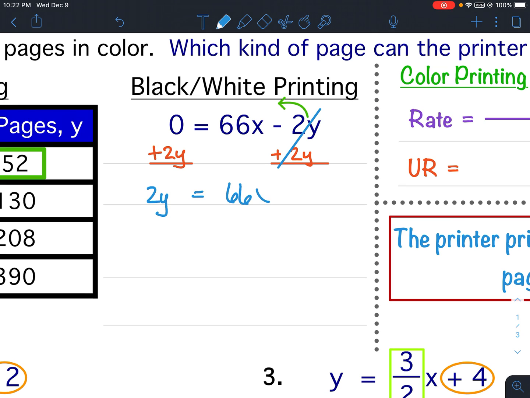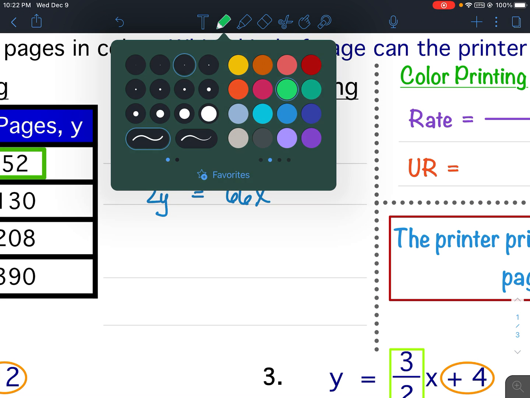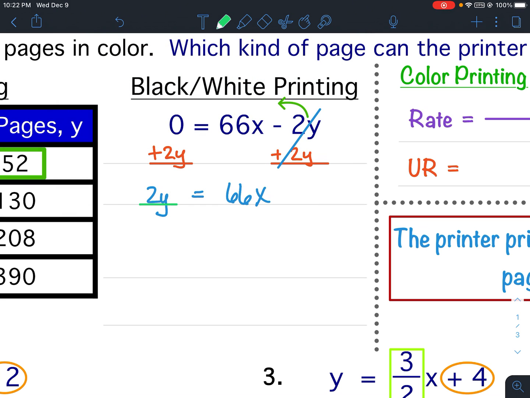Bring down 66x. And now, to solve for y, the last step would be to divide both sides by 2. So you can go ahead and divide that out and figure out what goes in front of the x.